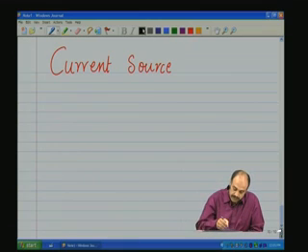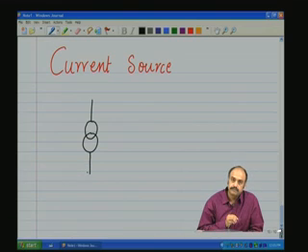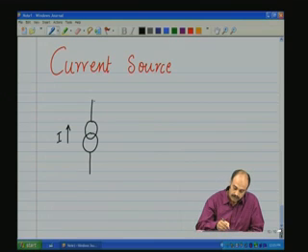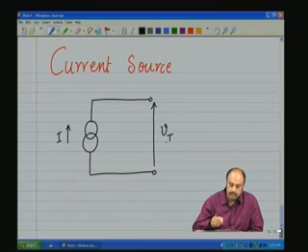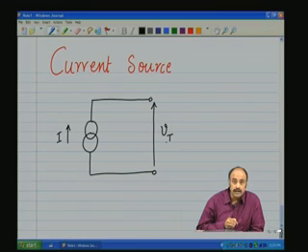So a practical current source is composed of an ideal current source, the current I, and this is supposed to be connected to the external circuit which determines the terminal voltage.